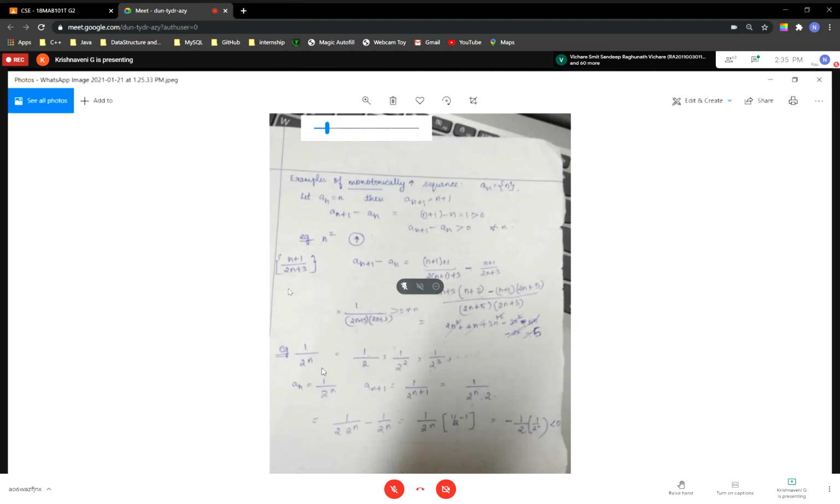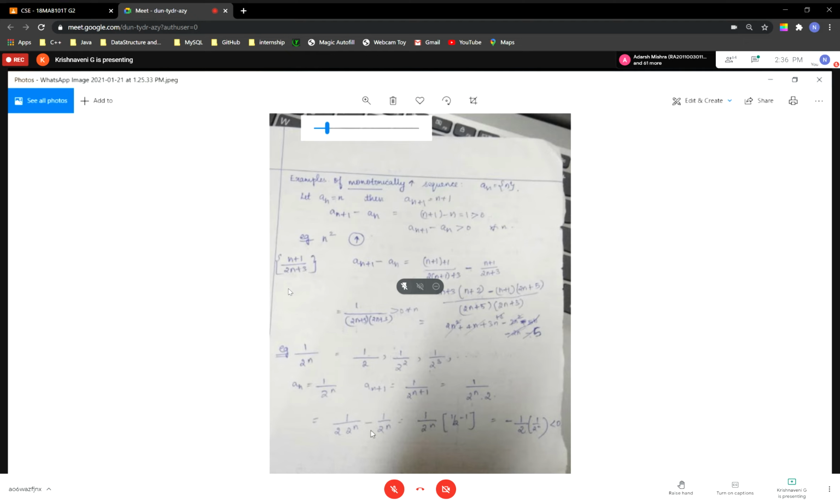Sometimes instead of 1 by 2 power n, they can give 1 by 2, comma 1 by 2 square, comma 1 by 2 cube, and so on. We take an as 1 by 2 power n. 2 power n plus 1 can be written as 2 power n into 2. This is an plus 1.